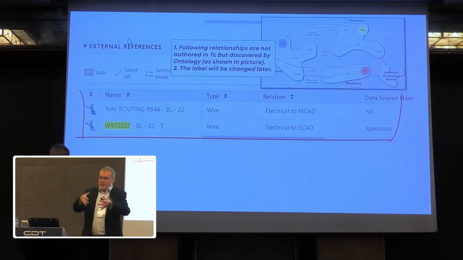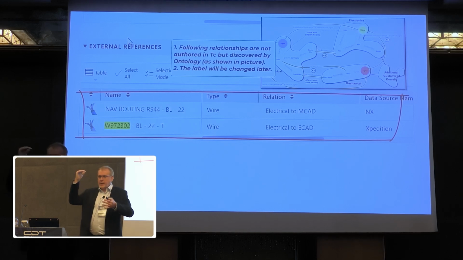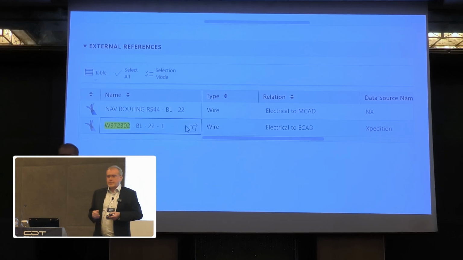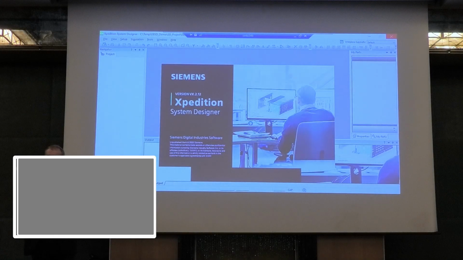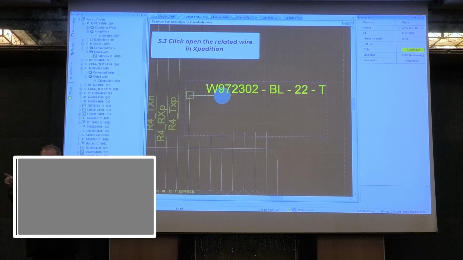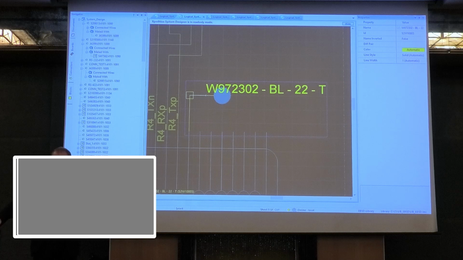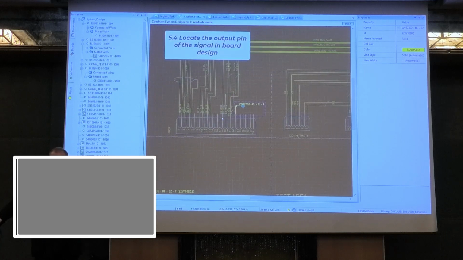That means we are looking at what the different things mean in different domains, standardizing that, and having teams orchestrating the inquiry that you can then do, going from Capital into Xpedition, and really have the ability to track your signal across the connectors, make sure you have the right connectors and the right pins, and have full traceability across the entire system. That is a project that is coming online very soon.